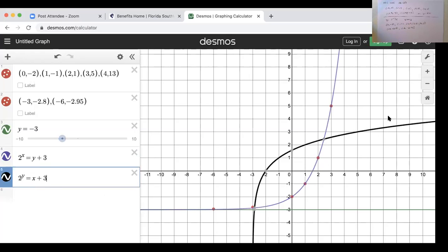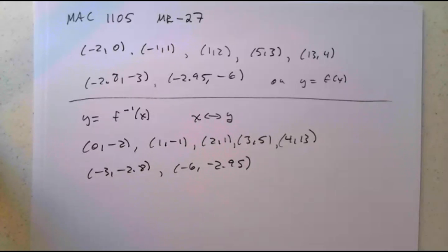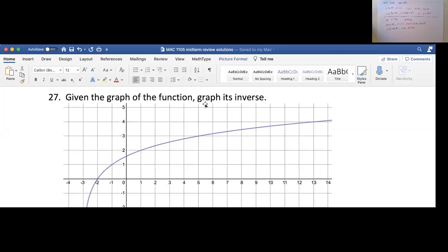So the black function is the f function that we saw before. Let's make sure we see what that looks like. So just to kind of go back and show you that. Okay, so this is what we have.